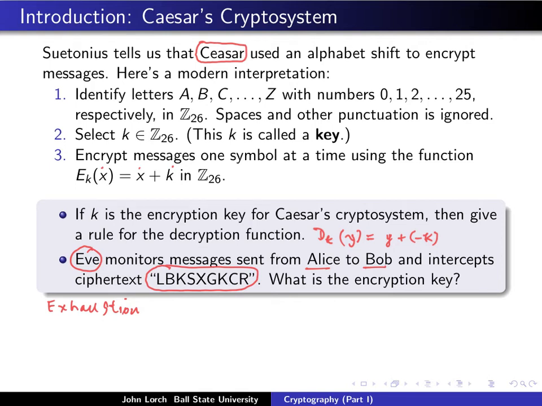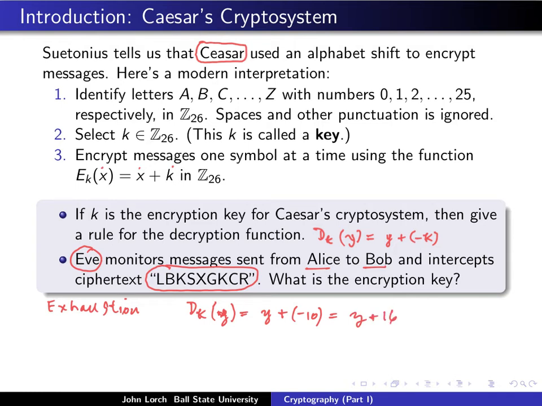And in fact, what you might discover is that D sub k, decryption applied to some number y would be y plus minus 10, which is equal to y plus 16.